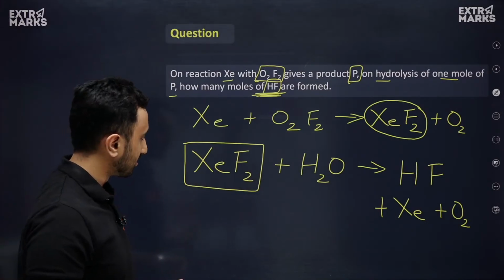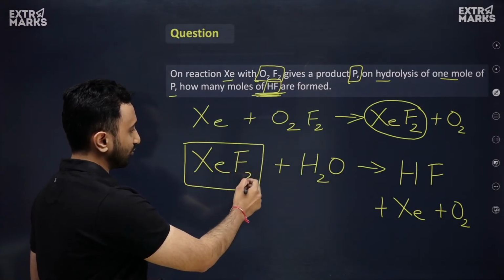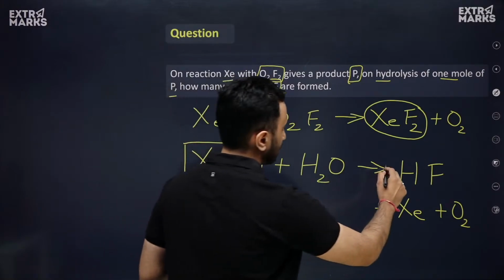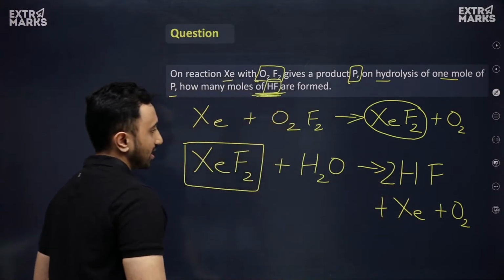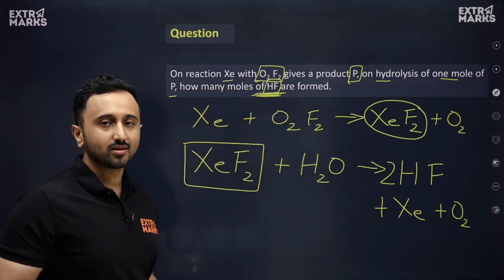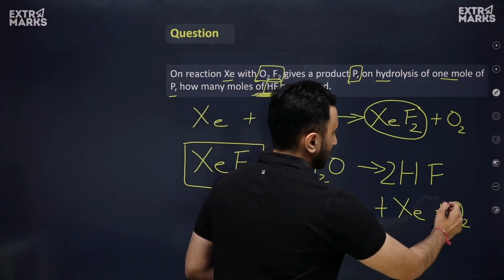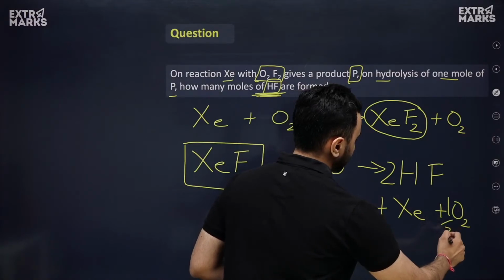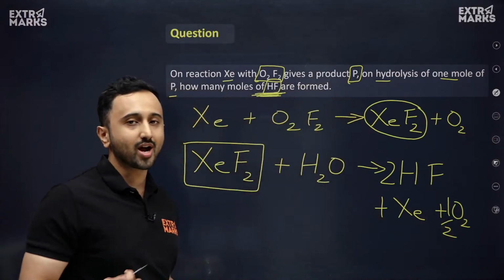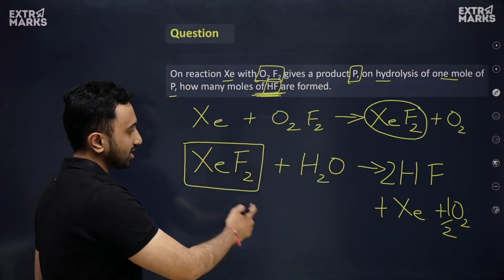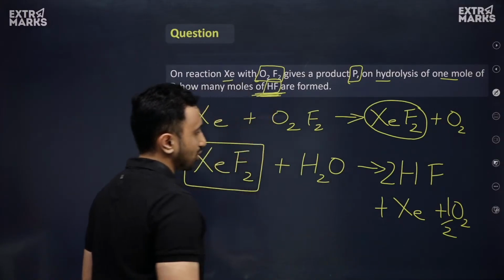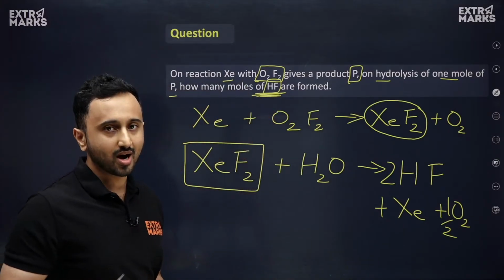So it's very simple. XeF2, we have 2 fluorine atoms, so we can do 2 HF over here, right? And what about oxygen? Here we have only 1 O, and here we have O2, so we can do half O2. And how many xenon atoms? Here we have 1 xenon, here also we have 1 xenon, so it is already balanced. What about hydrogen atom?